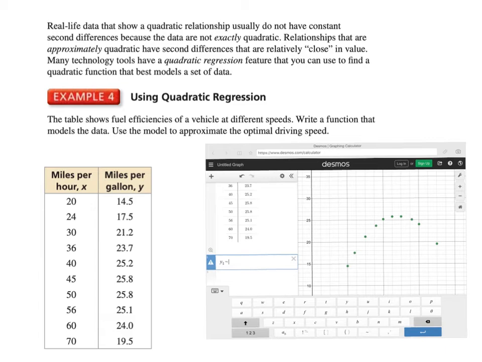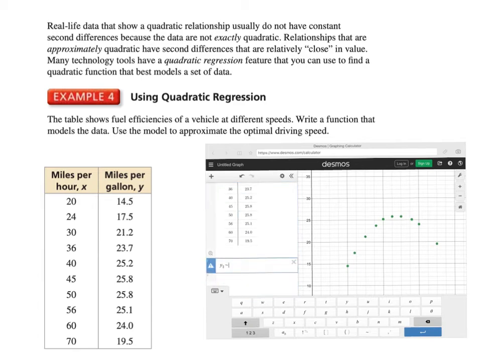Now we need to type in the blank form of a quadratic equation: ax squared plus bx plus c. But it's not just any x values, it's the x values out of our table. And if you notice, our x values in our table are called x1. So that's how we're going to refer to them.